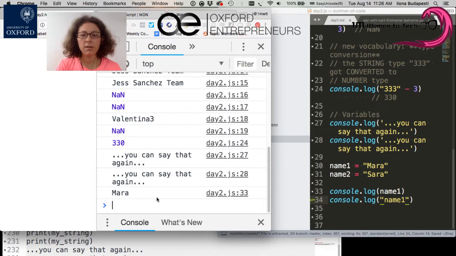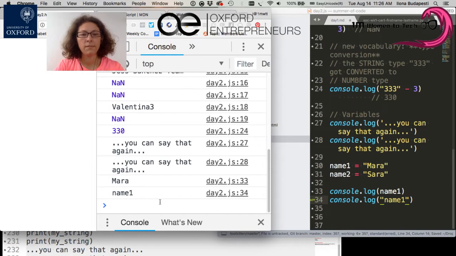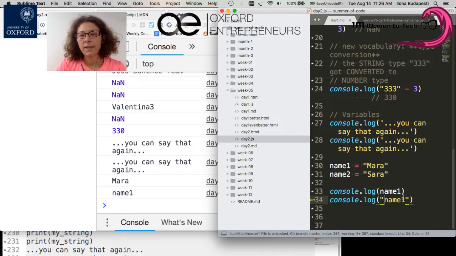So we can compare these two. You see? So here, whatever was within the quotation marks is what's printed, so it's name1. But we cannot access what's stored inside the variable. If we want to access what's stored inside the variable, we cannot use these quotation marks. And we just say name1.